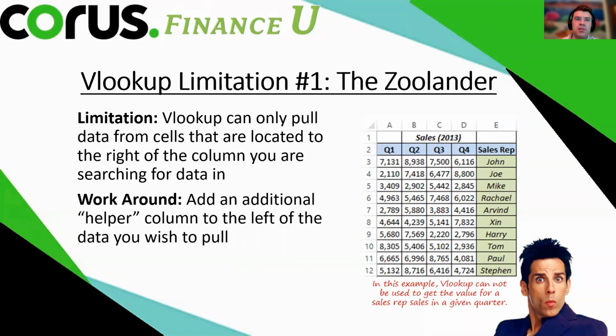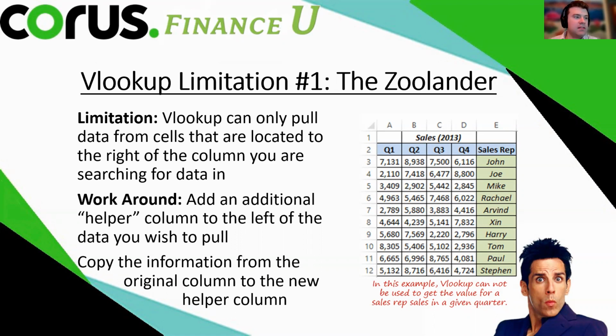Remember what we talked about earlier with the key: sometimes the key will be in the wrong place, or in a different document, or in a different format. So this is a way of making it so that the key is to the leftmost of the data you're trying to look up. The easiest way is to create a helper column to the left of everything you need, and then copy the data in there.